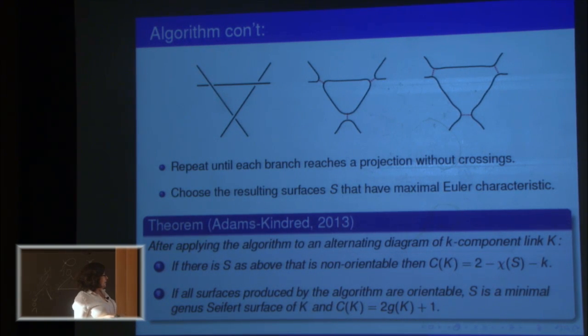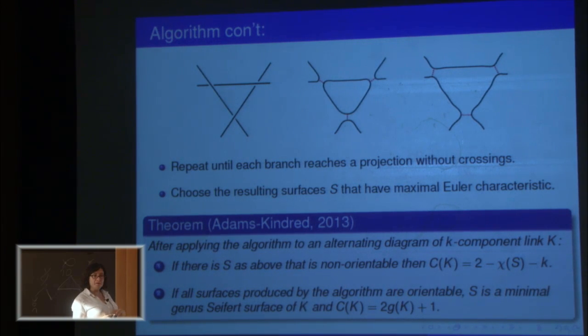And the point is, once you do that for any projection, this surface is going to have overall maximal Euler characteristic over all spanning surfaces, not just the ones you obtain by projections. And then their theorem is that you run the algorithm with any alternating knot diagram, and in the end, you look at the list you get.